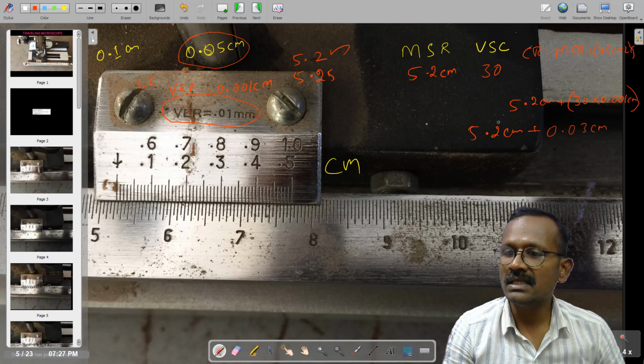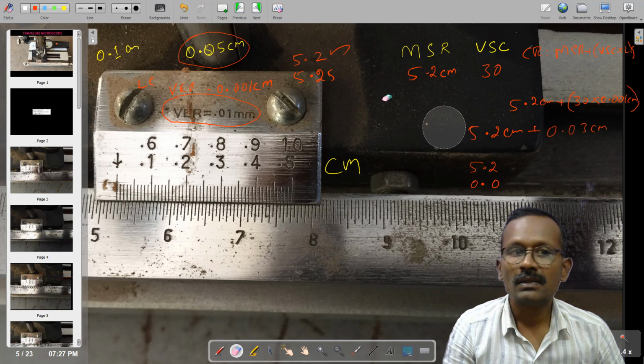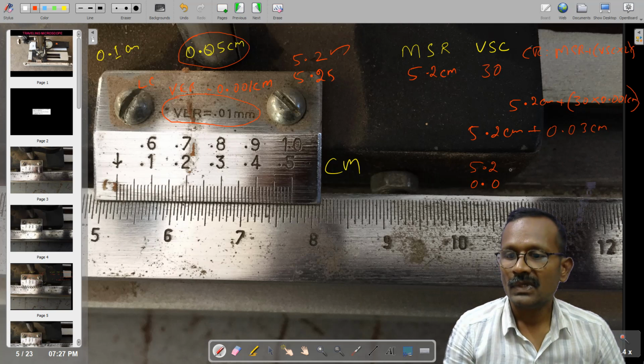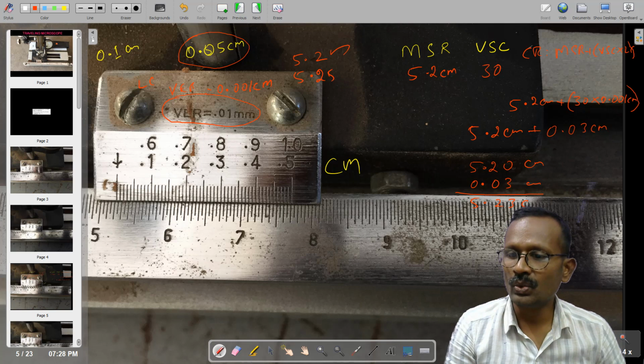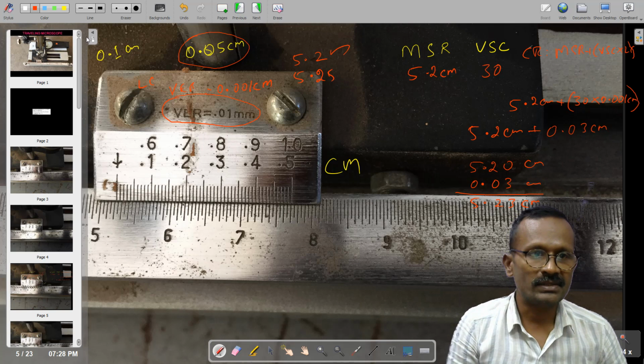Now add this and this. 5.2 centimeter plus 0.03 centimeter. Okay, these are in centimeter. If we add, it is 5.23 centimeter. Okay, right.